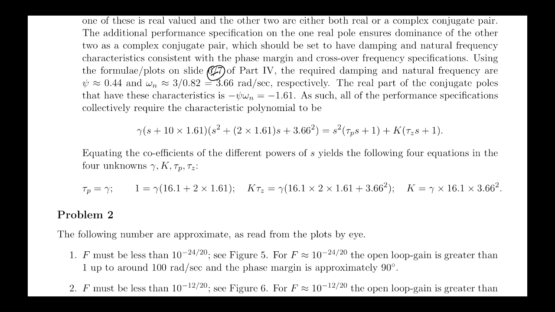So that fixes part of your characteristic polynomial to give you the 2 dominant poles in the closed loop, and then you're told that the other one has to be 10 times faster, which means the real part, right? And the real part of the closed loop poles due to this part of the characteristic polynomial is given by this, right? So that now fixes that, okay? So you now have what you want.